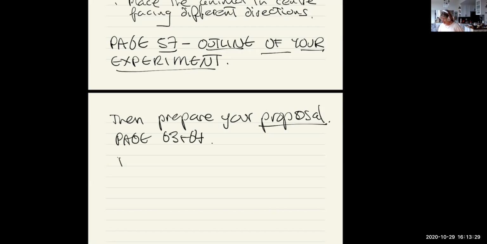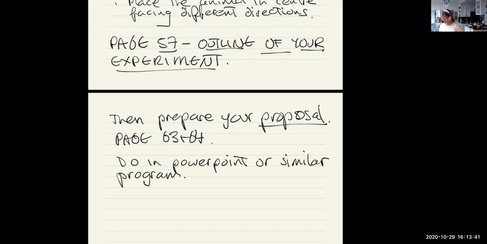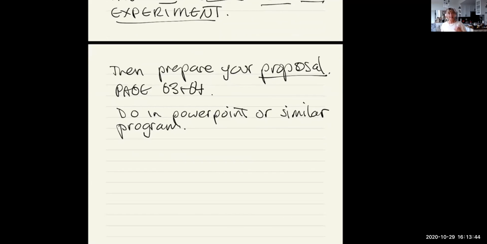Yeah, so you can do this in PowerPoint or a similar program. And in that proposal, you're going to talk about your animal. You'll show some pictures of it in its natural environment. You'll talk about some background information about its habitat, the variable that you decided on, your hypotheses, and your experimental design.